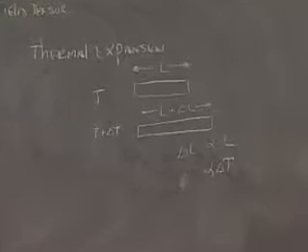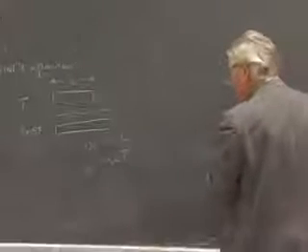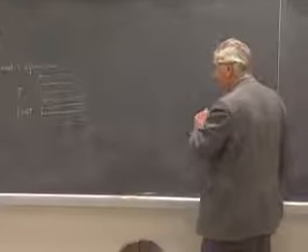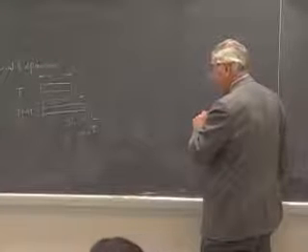Thermal expansion is one of those properties which thermodynamically must go to zero as temperature goes to zero. So the thermal expansion coefficient that we've yet to define will be a function of temperature as we get down to very low temperatures on the order of a few degrees Kelvin.